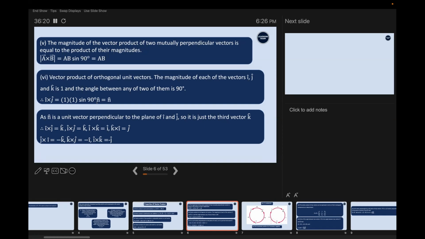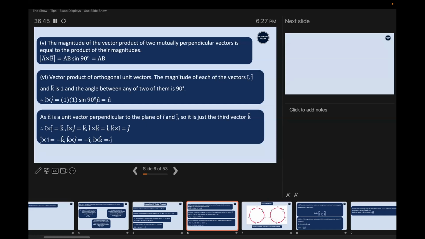This is my hand. This is i cap. This is j cap. So i cross j means from i cap, you need to turn towards j cap. In which direction? In the shortest direction possible. The shortest direction is anti-clockwise. So take your right hand, curl the fingers of your right hand in the anti-clockwise direction and extend the thumb.